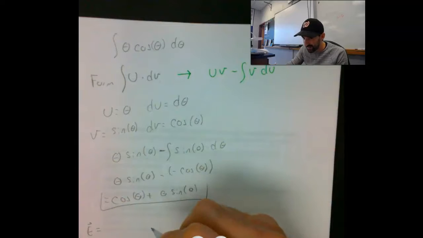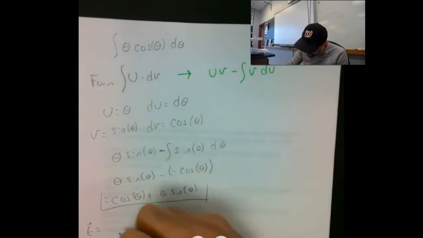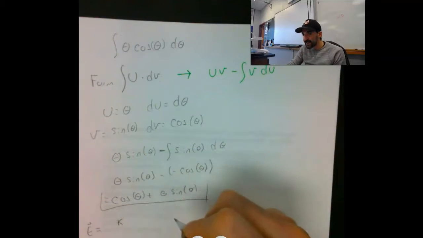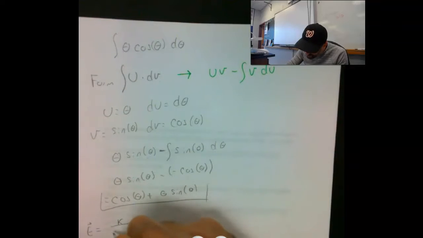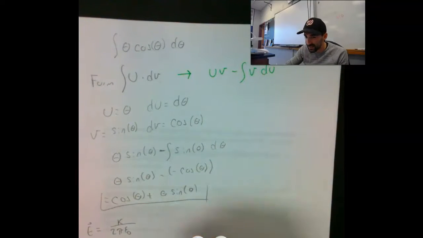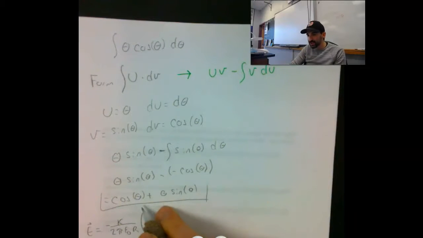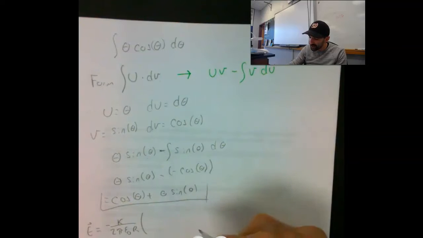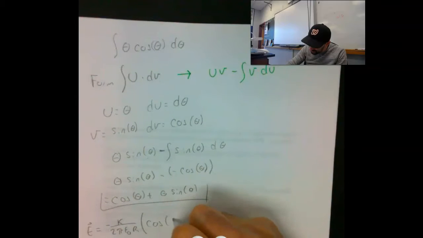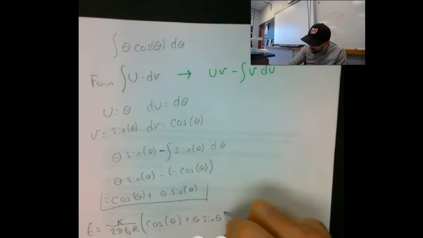So I have k divided by 2 pi epsilon 0, over r, negative k, because I pulled out that negative before, times what I just got up here, which is cosine theta plus theta sine theta.